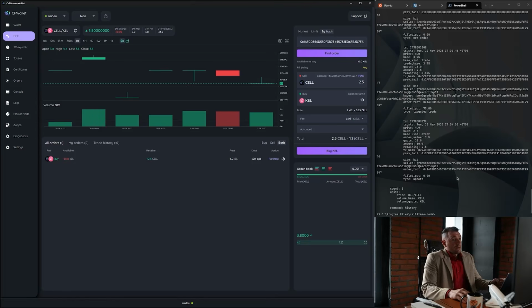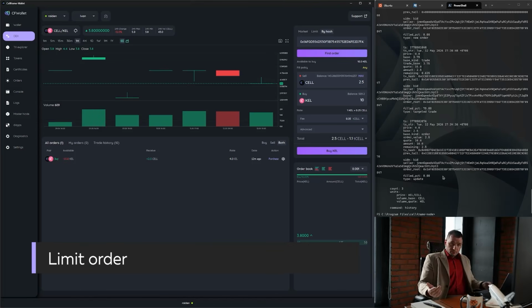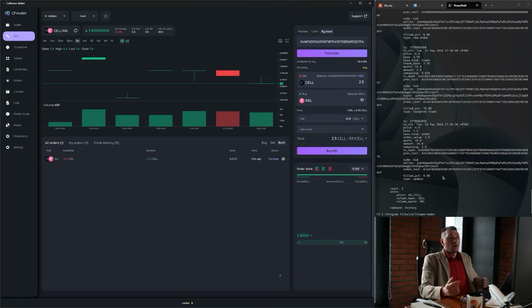So the next important feature follows directly from this model. Every order in Cellframe DEX is effectively a limit order. Whenever you create an order, you don't ask the network to buy or sell at whatever the market gives.